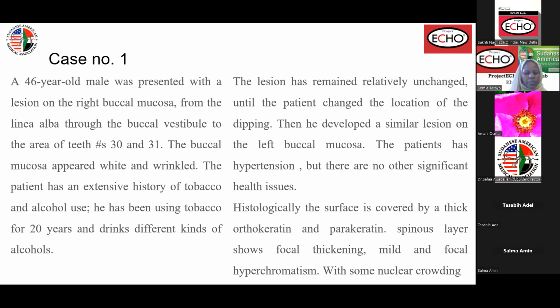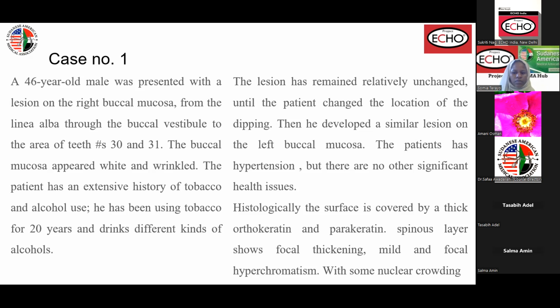He has been using tobacco for 20 years and drinks different types of alcohol. The lesion has remained relatively unchanged until the patient changed the location of the dipping. Then he developed a similar lesion on the left buccal mucosa, and this is the new location where he started dipping the tobacco. The patient has hypertension, but there are no other significant health issues.